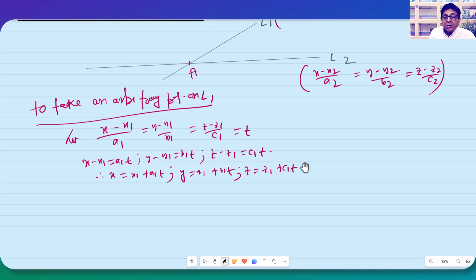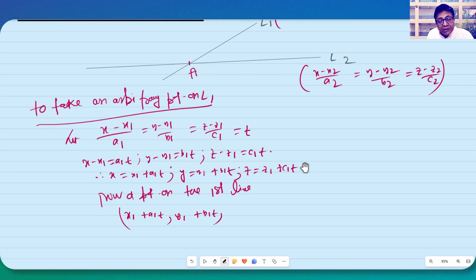Okay, so this is going to be an arbitrary point on the first line. A point on the first line can be taken as x1 plus a1t, and we want to write it in the form of an ordered triplet: y1 plus b1t, z1 plus c1t.